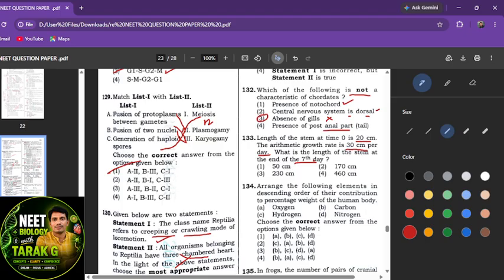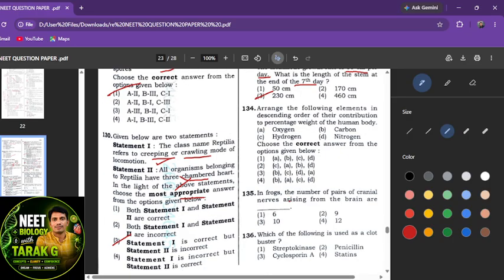Now they ask for day 7, so we have to calculate. It comes approximately to 230. The answer is 3.